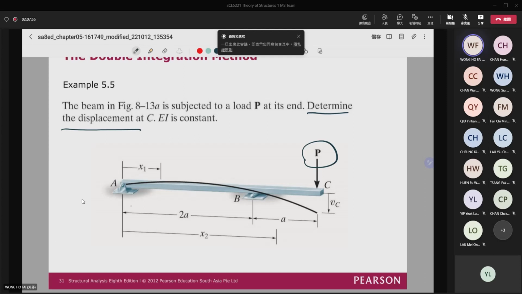So from the first part, we need one function to find the moment and then the rotation. The other part, from here to here, we need another equation to find the moment.